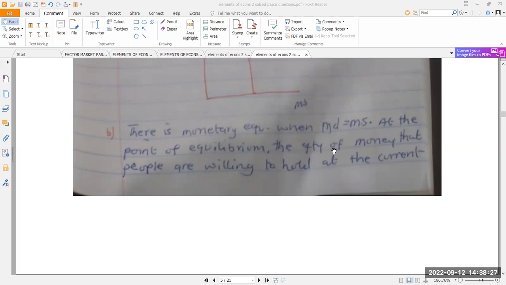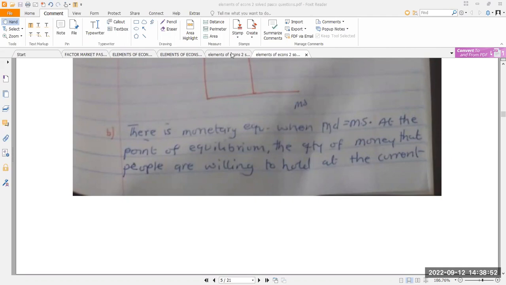So when it happens like that, what are we supposed to do? You need to know that whenever there's a state of equilibrium, when we deviate from that state, in the long run we will always come back to that equilibrium point. So we have to know how the monetary market can always go back to equilibrium whenever there is a disequilibrium.